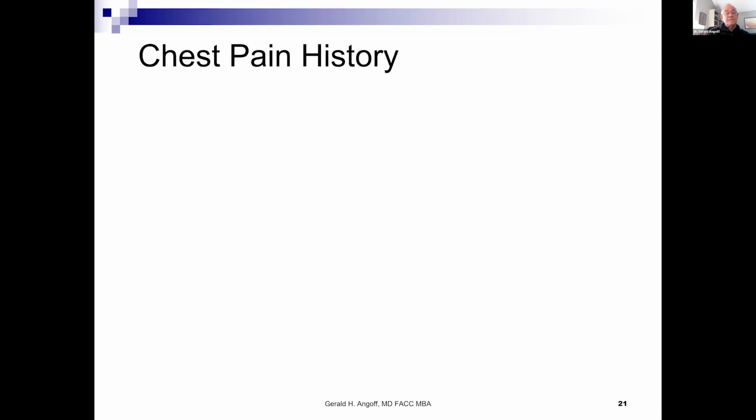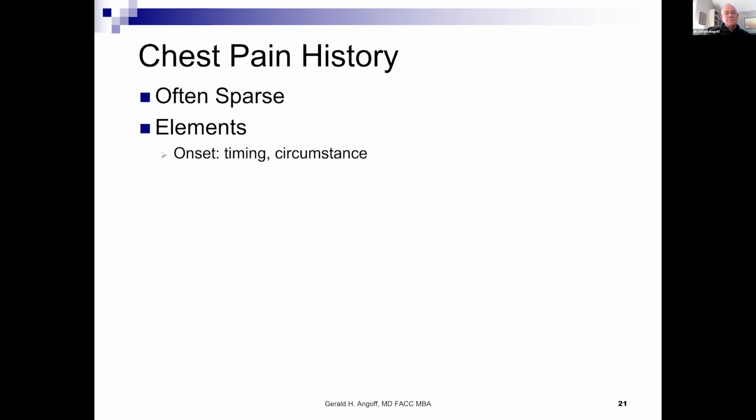So what about history? As I've mentioned now multiple times, history is primary. It's often sparse, which means you have to ask questions and delve further. What are key elements? Well, certainly onset, timing and circumstance, duration, frequency, character, what's it like, intensity, location, radiation, where else is it felt?